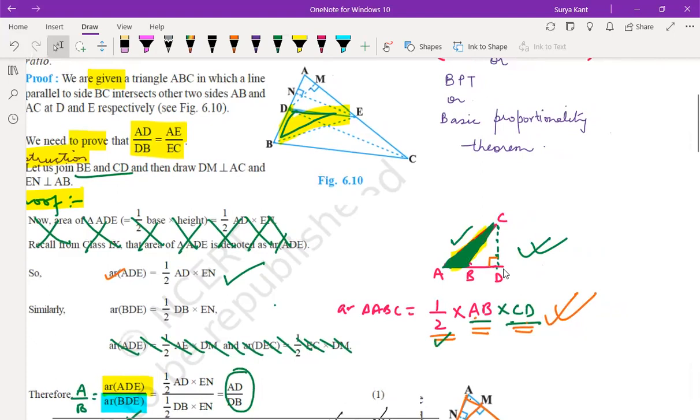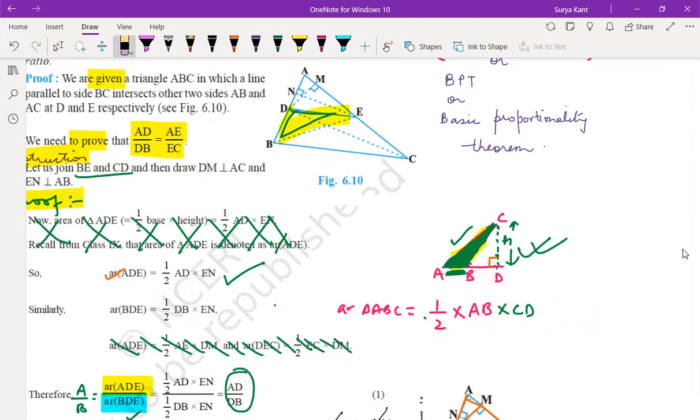This CD is a height, but this height is not a part of this triangle, it's not lying inside the triangle. But anyway, we have to find the height like that, and it should always be 90 degrees. So the base we have taken is AB only, but height we have considered as CD. So half AB into CD.